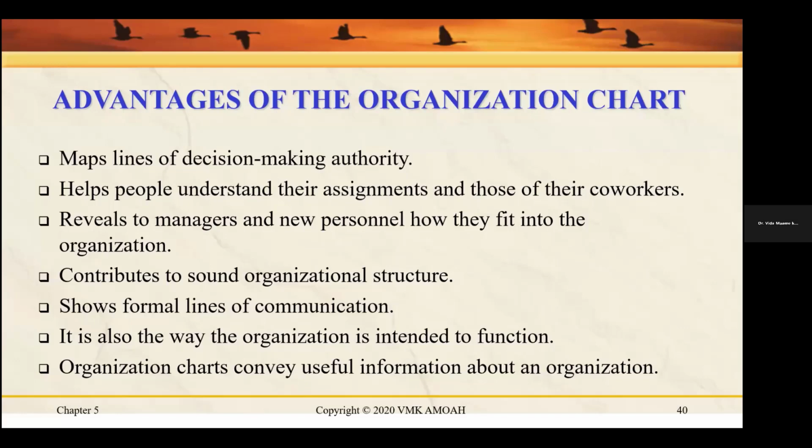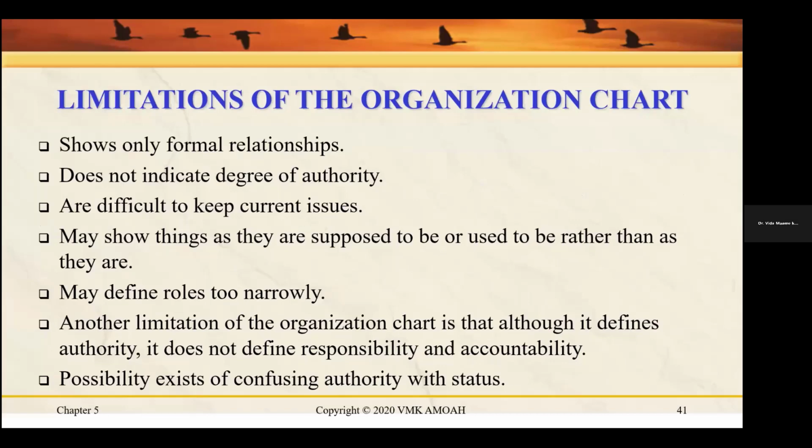This is the limitation: it shows only formal relationships. So when you are not well versed, you cannot understand what it is about. It does not indicate what degree of authority. But when you are there, they will tell you what the chart is about. They are difficult to keep current unless you change them. Every new thing that comes in, you have to restructure the charts.